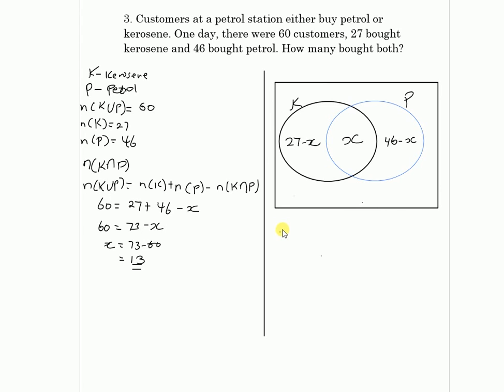So I have 27 minus X plus X plus 46 minus X is equal to 60.